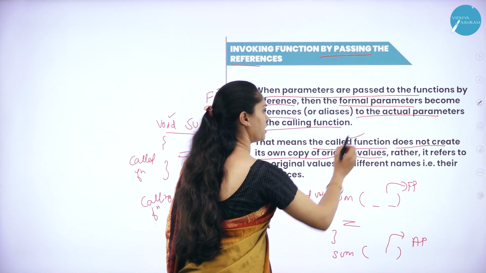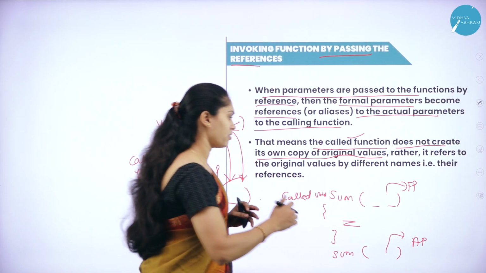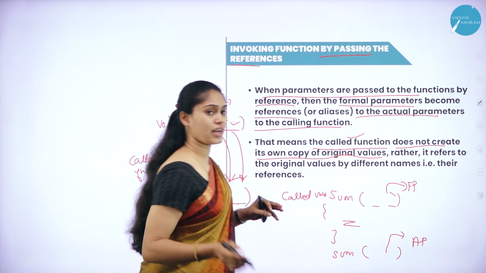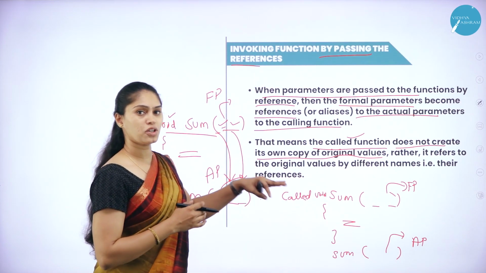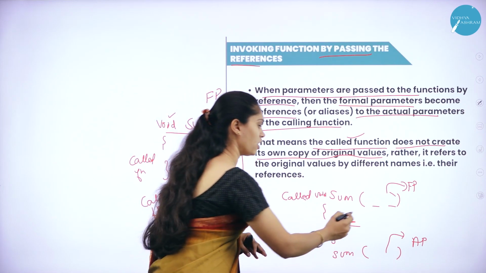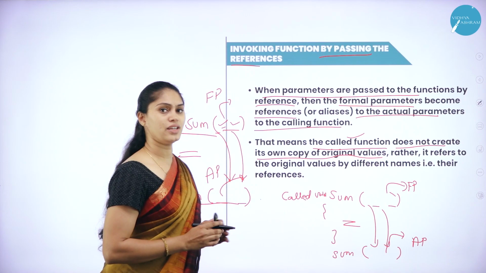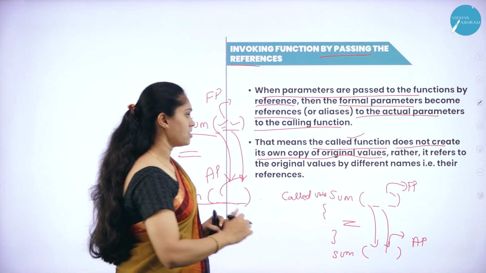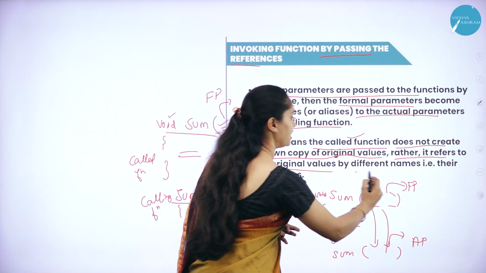The called function does not create its own copy of the original value. Whatever is in the formal parameters or formal arguments, it will not create its own copy. Instead, it will refer to the original values by a different name.